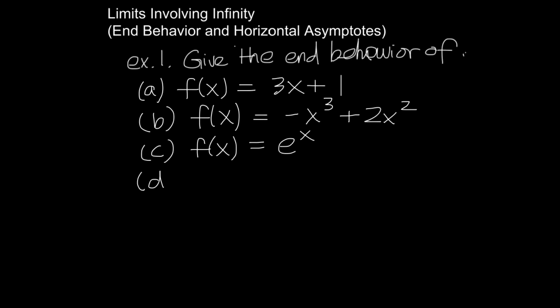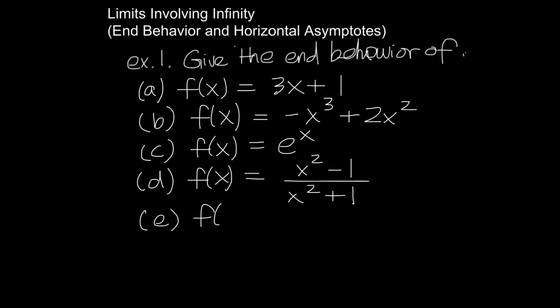And the fourth one will be f of x equals x squared minus 1 over x squared plus 1. And finally, the last one is f of x equals 2x squared minus 1 over x squared.